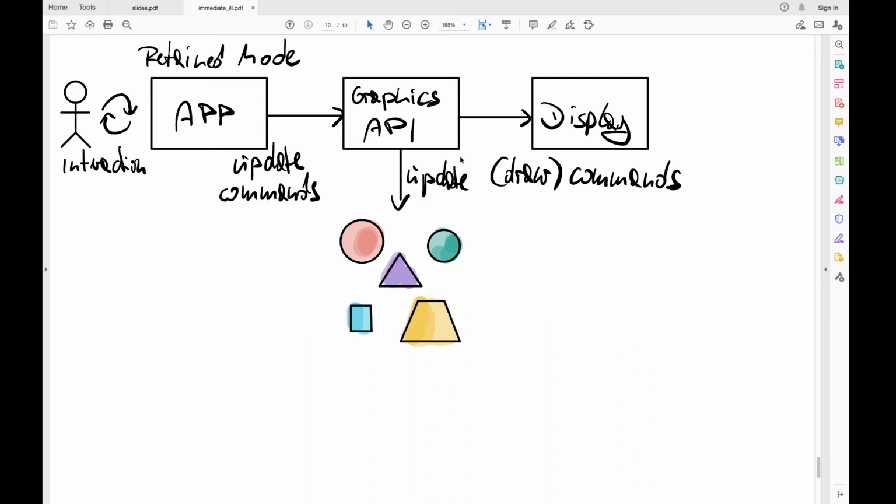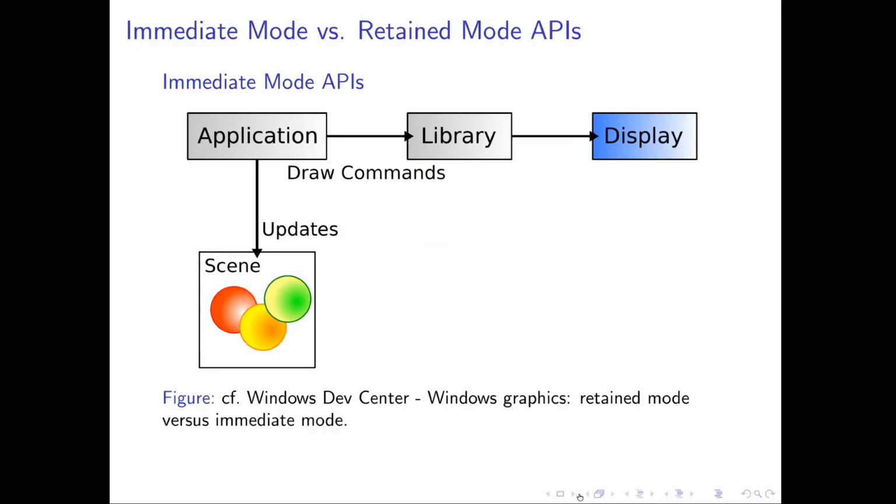Those are two fundamentally different types of graphics API models, and it's important to understand the difference between them. In the following we'll concentrate on immediate mode APIs. On the one hand, we have the API that only understands draw commands, like draw a triangle and draw another triangle and another, and in the end they form a sphere or a house or whatever, but the library doesn't understand that, only that there are draw commands.